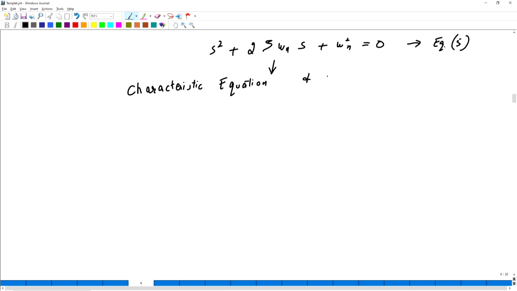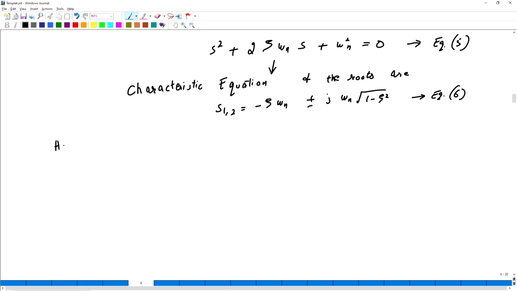And the roots are s1, 2 equals minus zeta omega n plus or minus j omega n square root of 1 minus zeta square. Let us consider this as equation number 6.